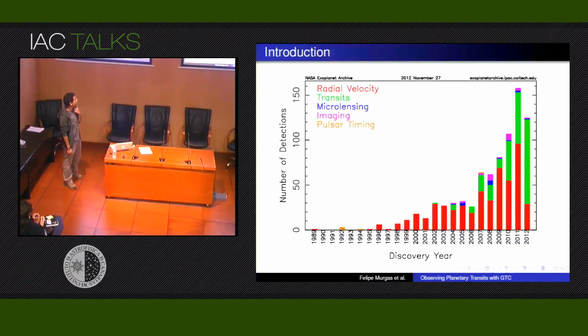This is a nice plot showing the past 20 years of exoplanets. You have the number of secure planet detections per year, and also the different methods that we are using to detect these planets. The first planetary object comes from 1989, but usually in most of the papers that review exoplanets, the date they put is 1982.